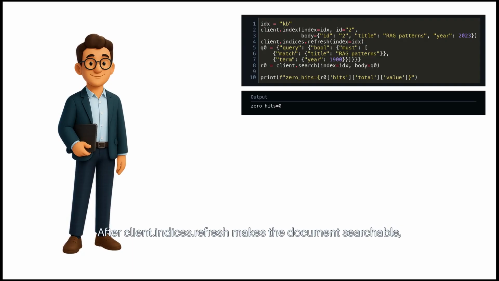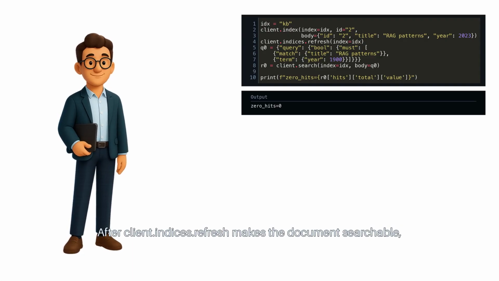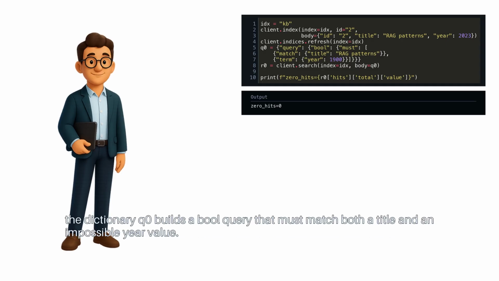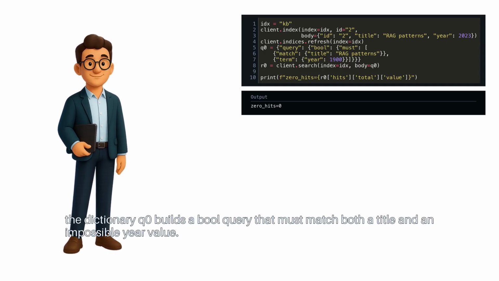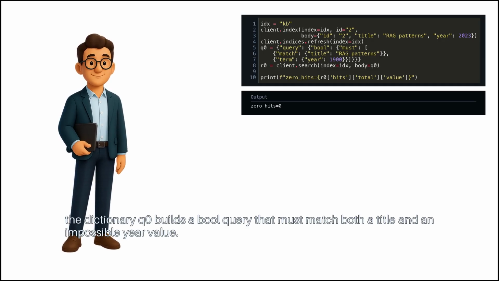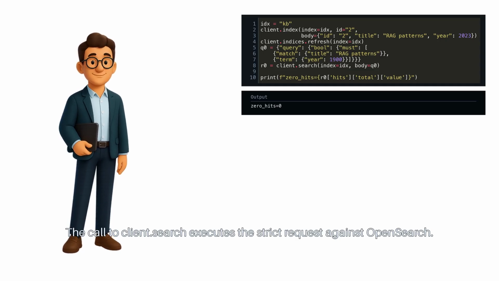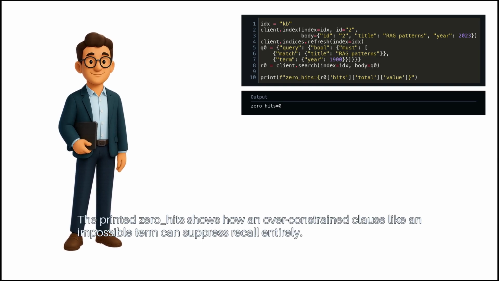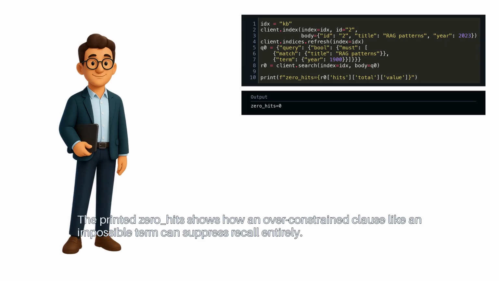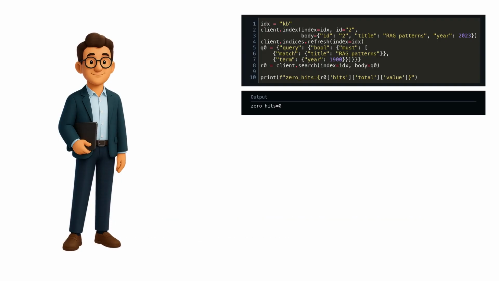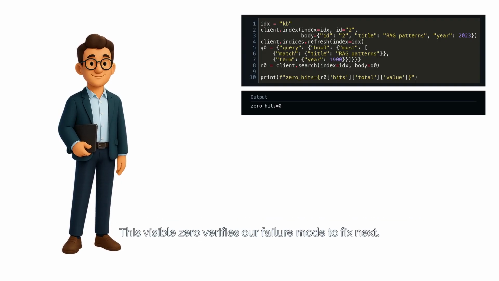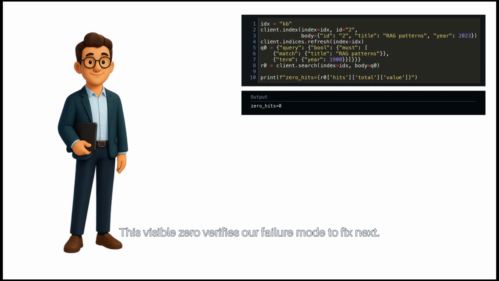After client.indices.refresh makes the document searchable, the dictionary Q0 builds a bool query that must match both a title and an impossible year value. The call to client.search executes the strict request against OpenSearch. The printed zero hits shows how an over-constrained clause like an impossible term can suppress recall entirely. This visible zero verifies our failure mode to fix next.